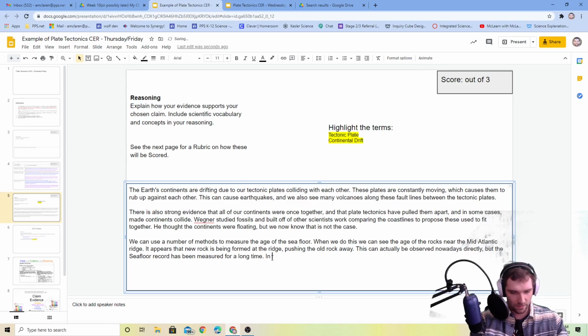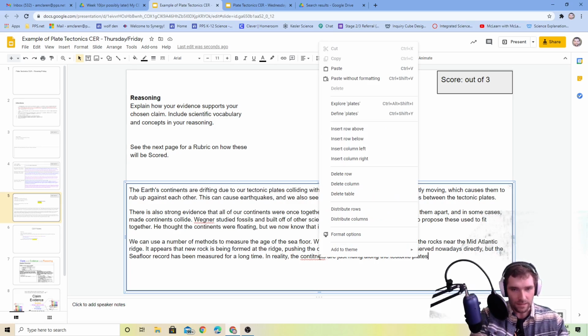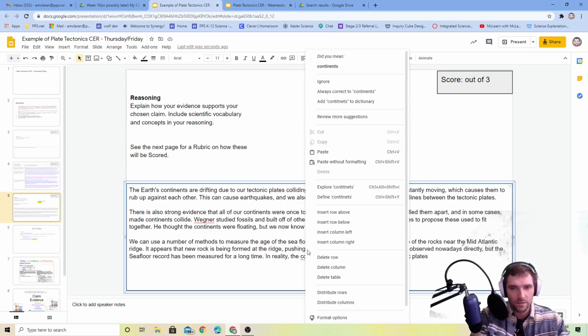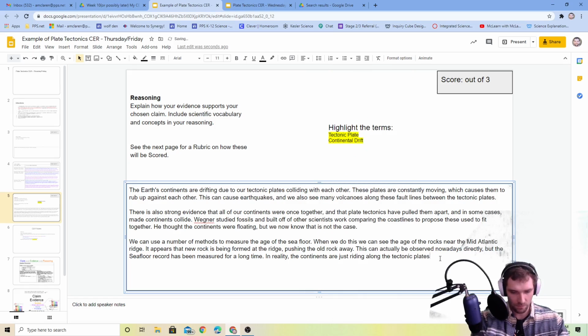So you could say in reality, the continents are just riding along the tectonic plates, which makes them appear to have moved. Just explaining the main idea here.